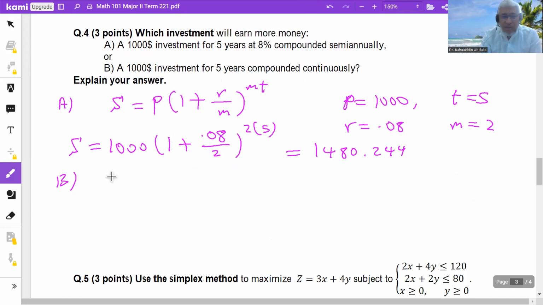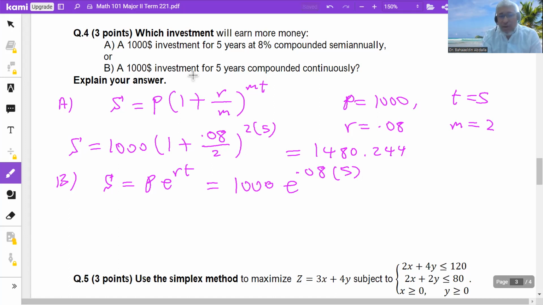Compounded continuously, the formula is not the same. The formula is S equals P times e to the power RT. So P is 1,000, e is the number e, 2.7, R is 0.08, and T is 5. For 5 years, compounded continuously.